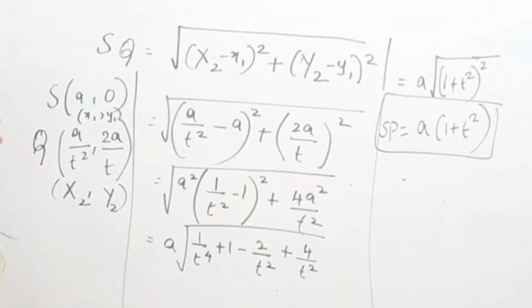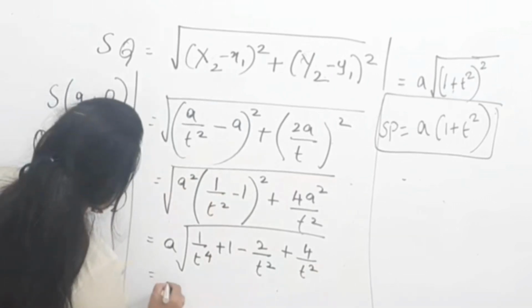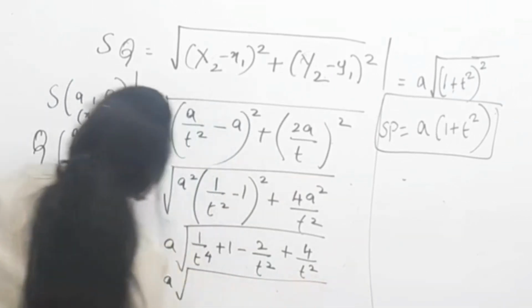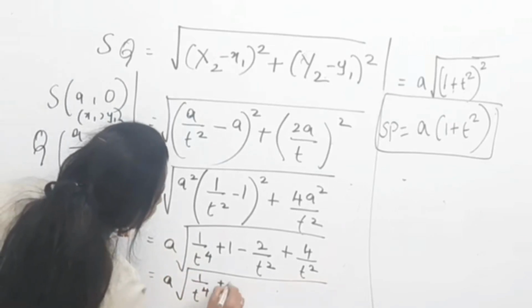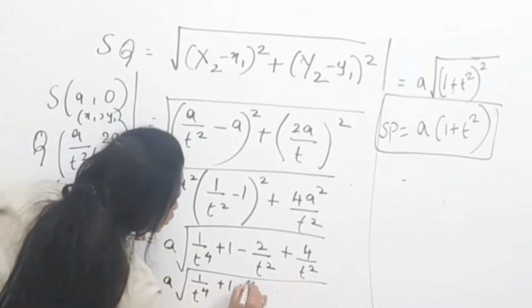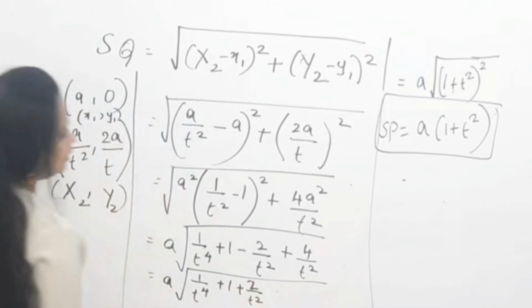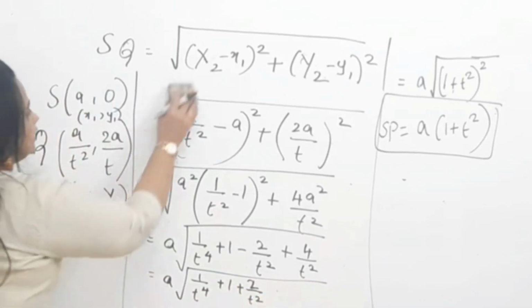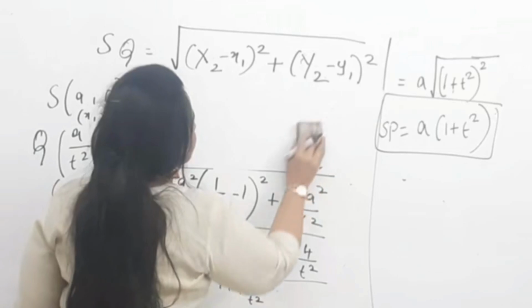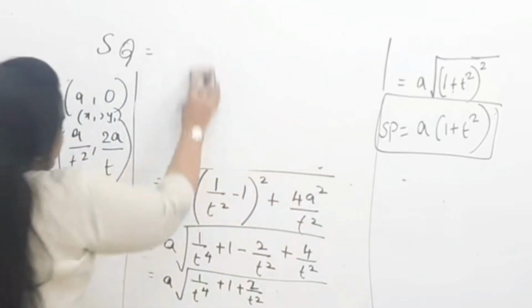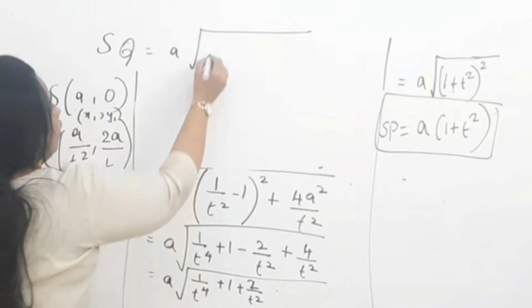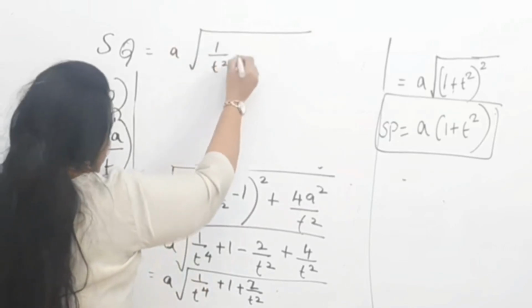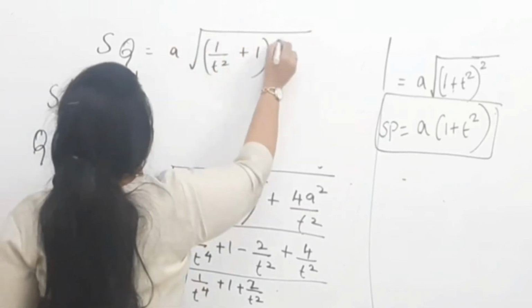So that's equal to a into square root of 1 by t power 4 plus 1 plus 2 by t square. This again becomes the identity, so that would become a into square root of 1 by t square plus 1 the whole square.